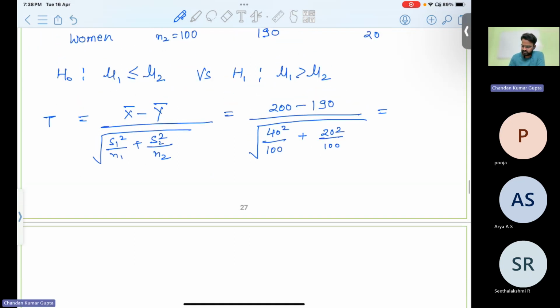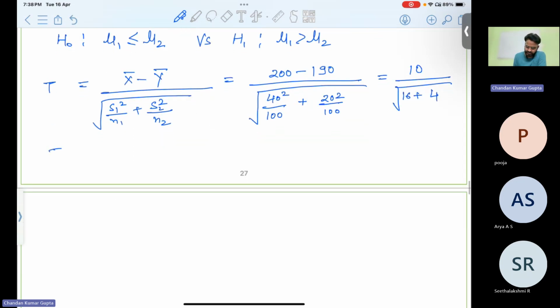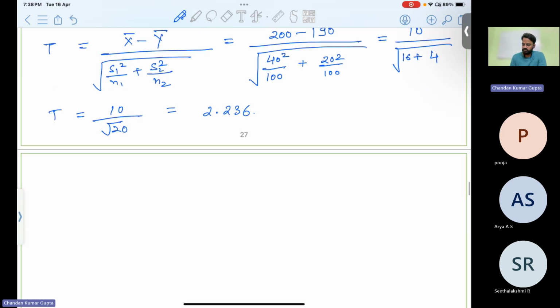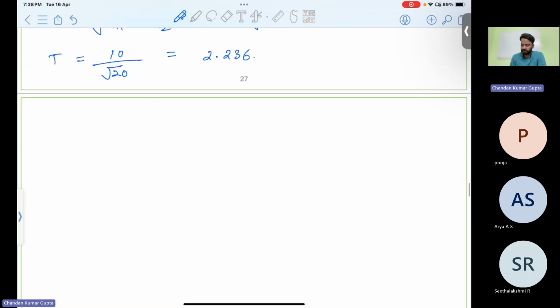So it is actually very simple. Now it is 10 upon the root of 16 plus 4, so 10 upon root 20, which is approximately 2.236. Okay, so our calculated value of the T statistic is 2.236.